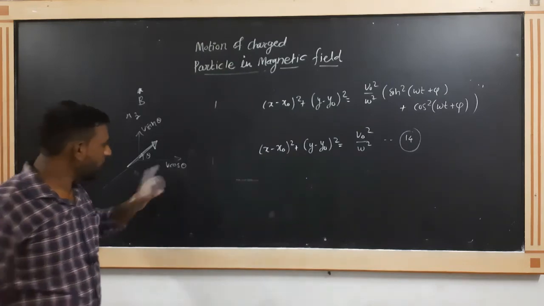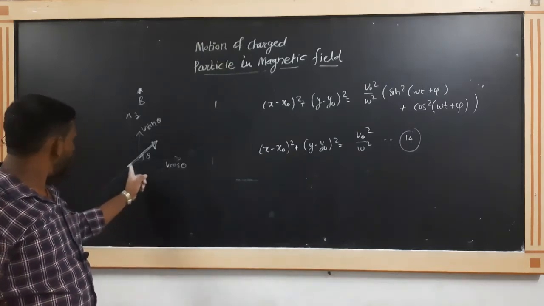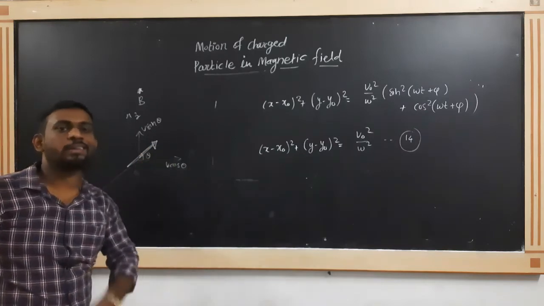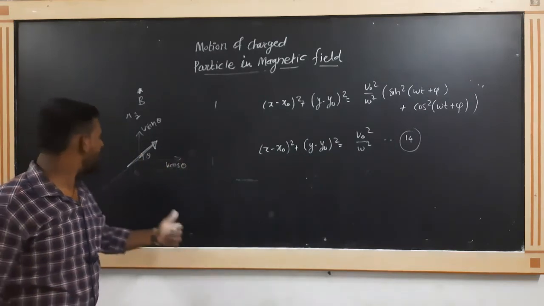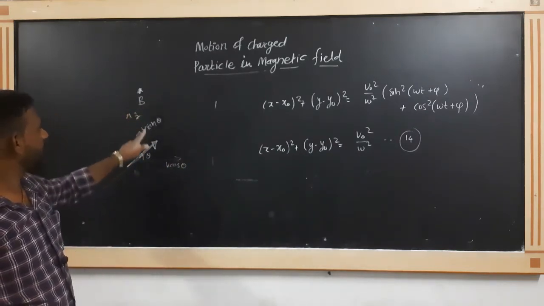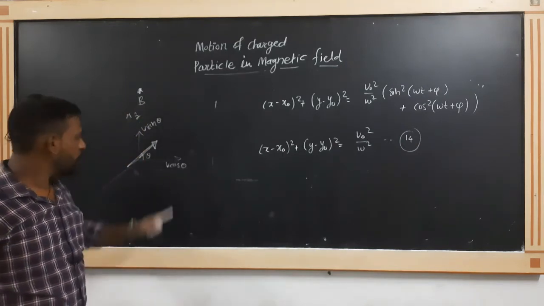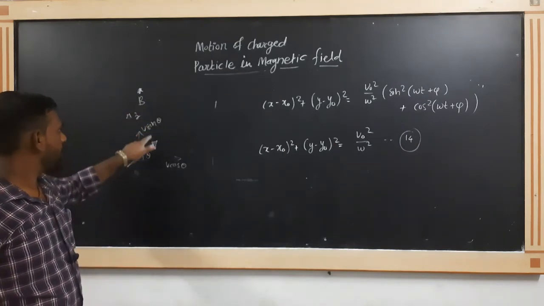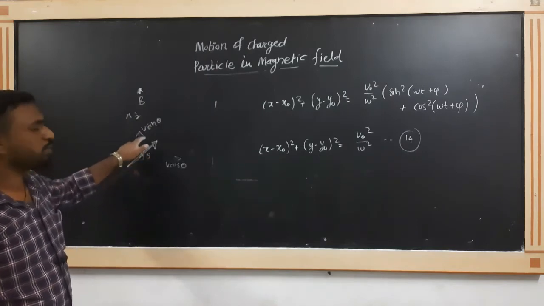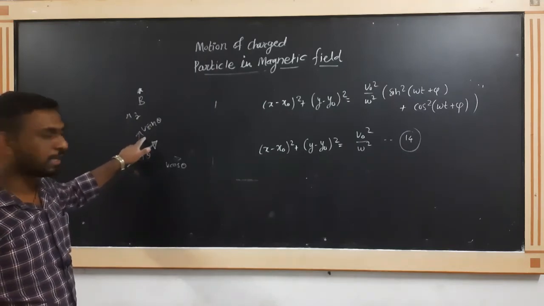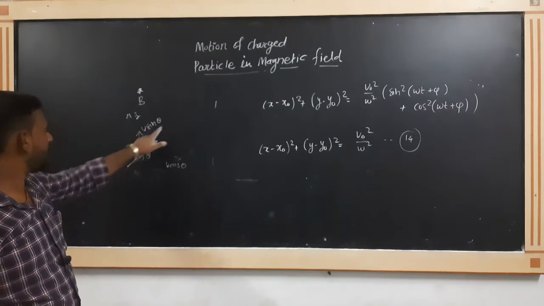So due to this v cos theta, the charged particle tries to rotate in circular motion, whereas this v sin theta and B are in the same direction. So v sin theta and B make an angle 0, since there is no change in the motion of the charged particle due to that component.